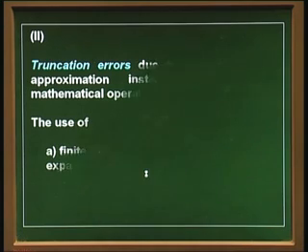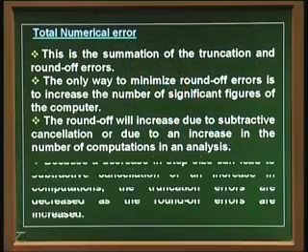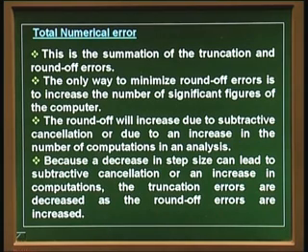Okay, so we would look at examples of this and how they would come in the next class. So the total numerical error, we can summarize it here. The total numerical error is the summation of the truncation and round off errors.